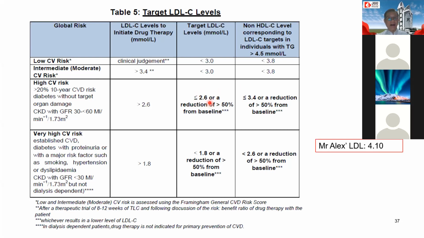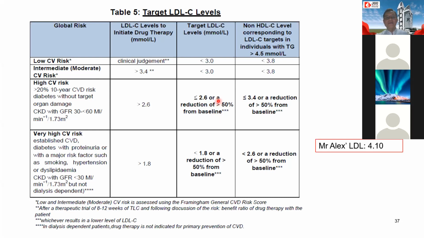It is easy for us to say be less than 2.6. But why is there another clause, above 50% from baseline? Is the baseline too high to reach 2.6? Yes. For example, if the patient has an LDL of 6, to lower down to 2.5, we have to lower by 3.5, within 3 months for example.